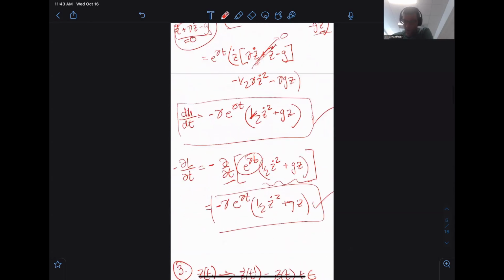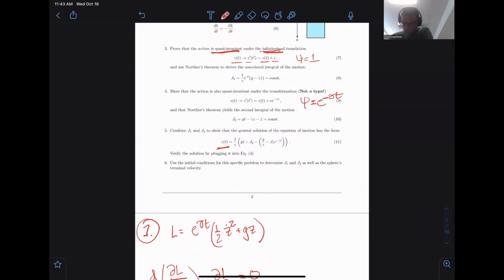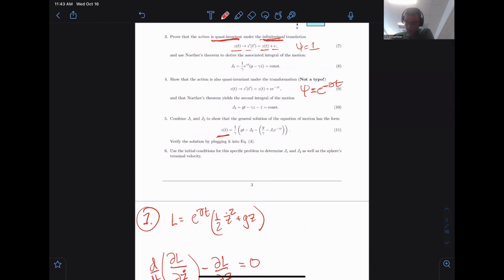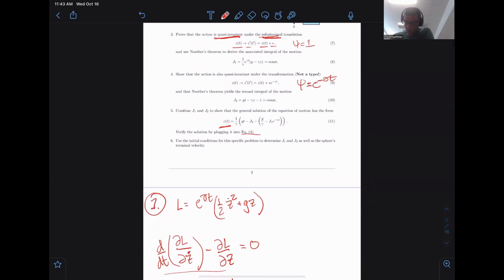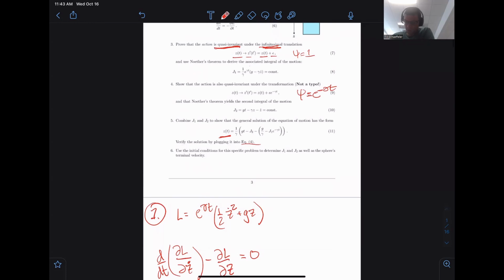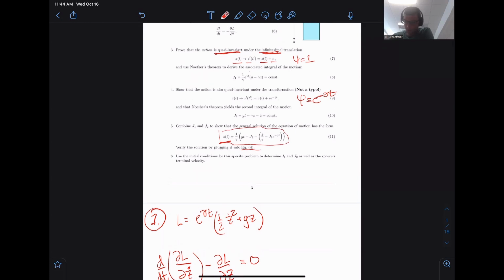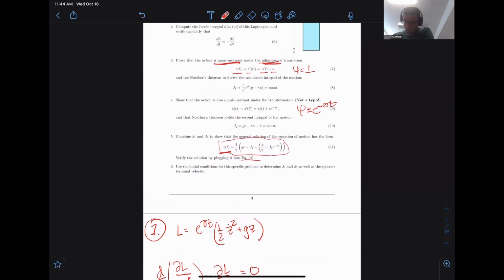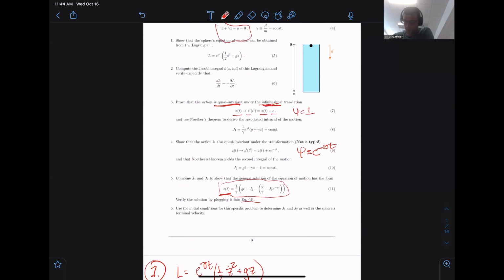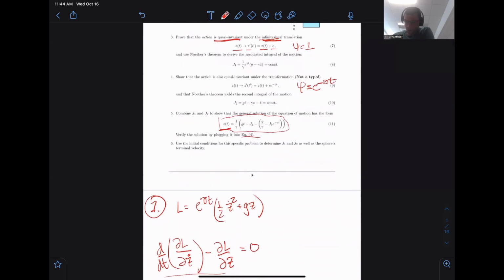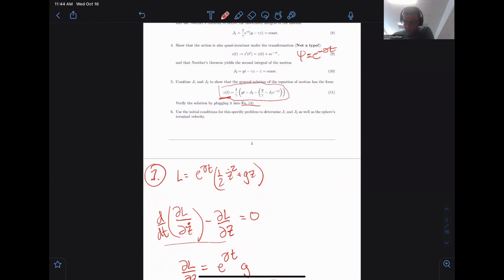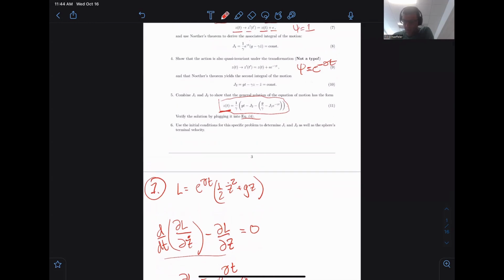Okay, so we verified equation 4, the equation of motion. We have a solution for z, and we know what the constants of motion related to these two transformations are. The last thing we want to do is find the sphere's terminal velocity.